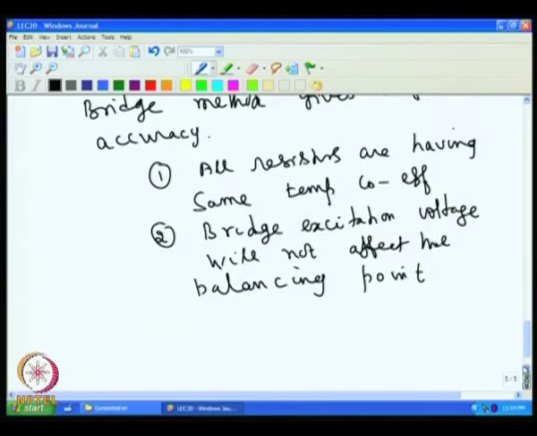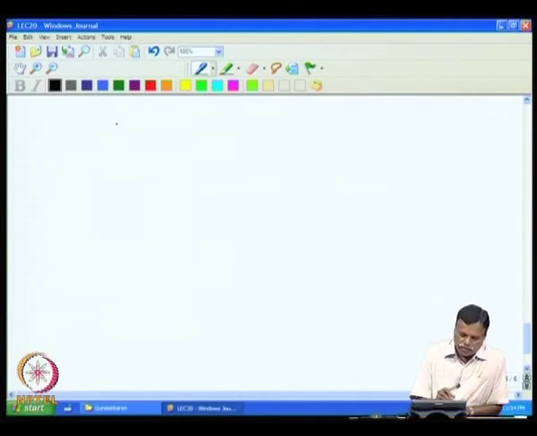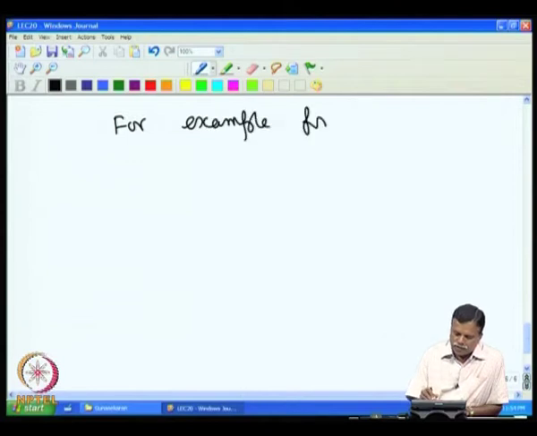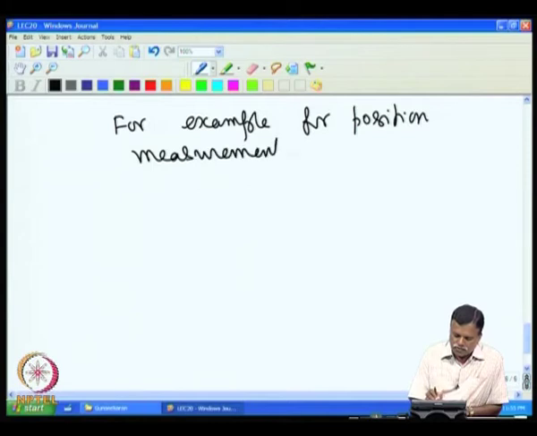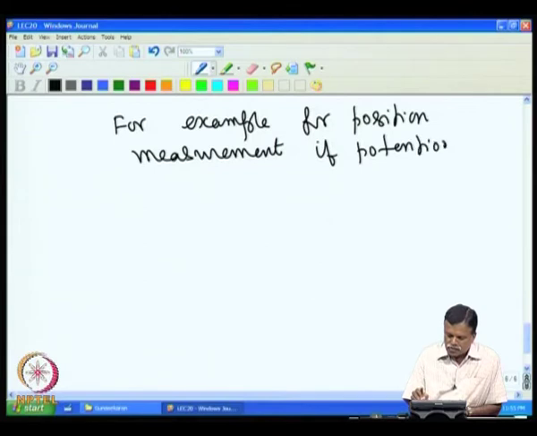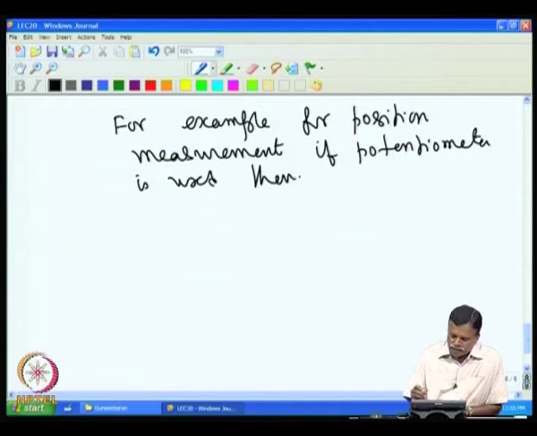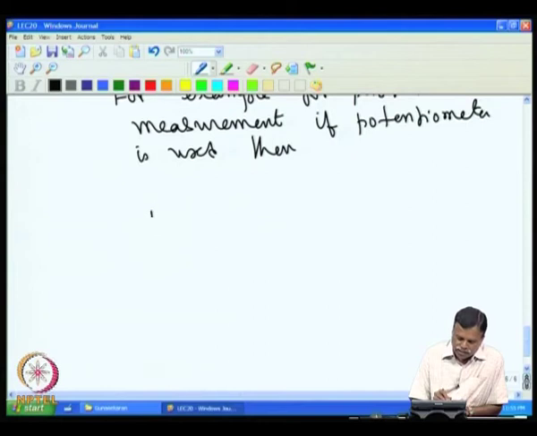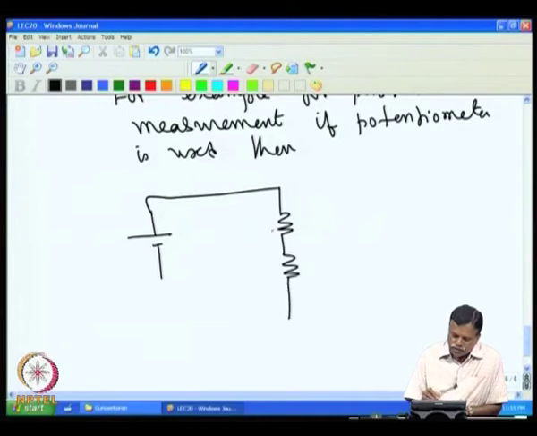For example, if you want to make position measurement, if a potentiometer is used, then I take the bridge and connect it.